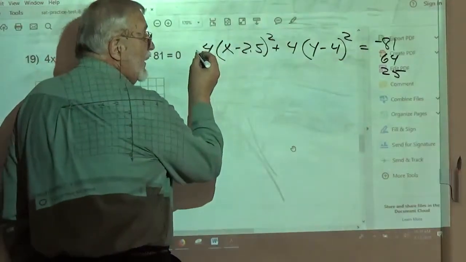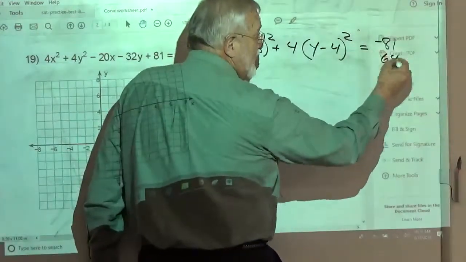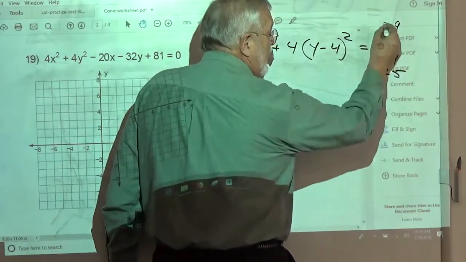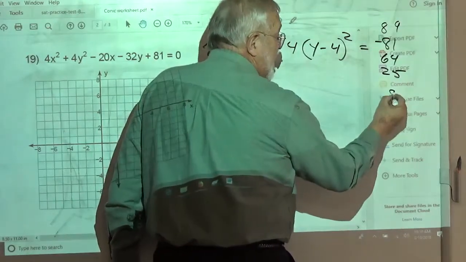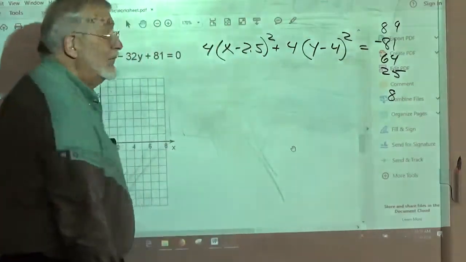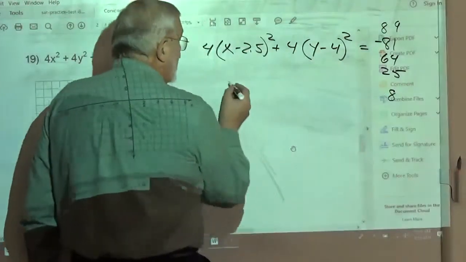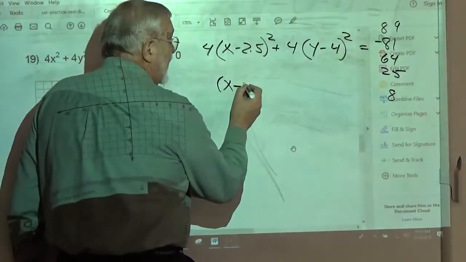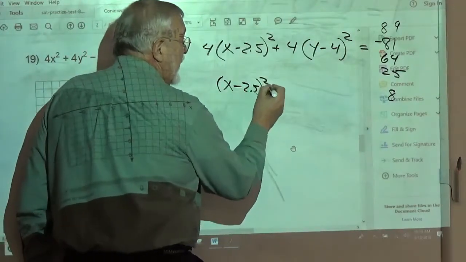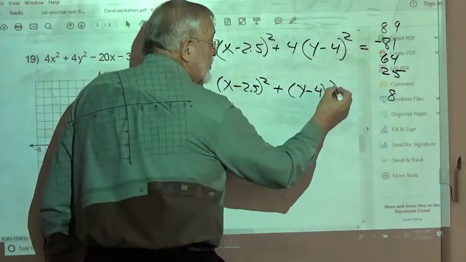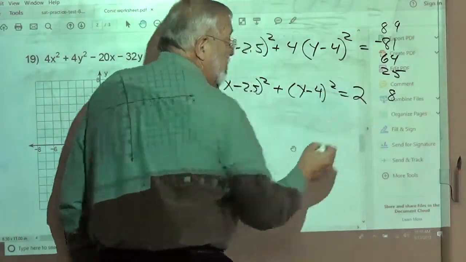And now, when I take these together, this is 89. So that makes this 8. And so what happens when I divide everything by 4? I get x minus 2.5 squared plus y minus 4 squared equals 2.